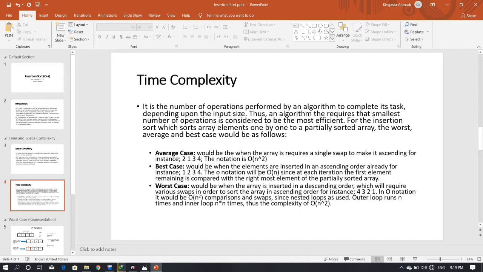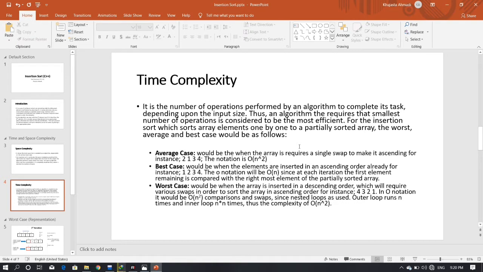The average case would be when the array inputs essentially require one sort to order them completely. For example, 2, 1, 3, 4. If the array inputs are in this order, the notation of the algorithm is big O of n squared.